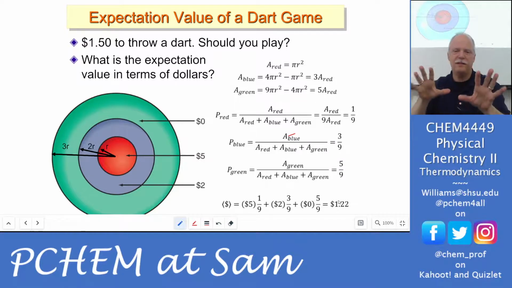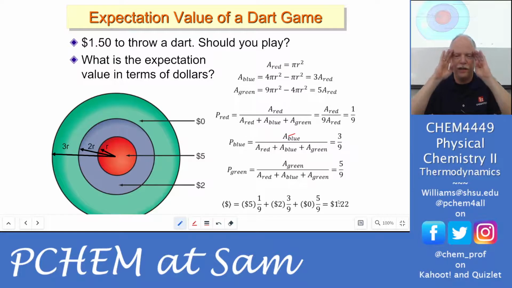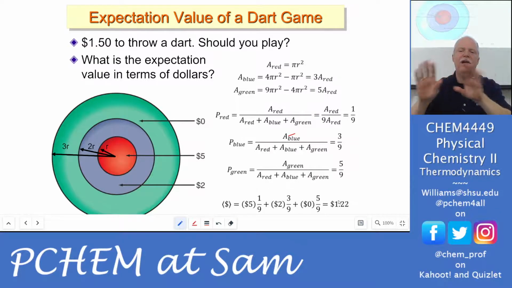So again, I just want you to get in your mind that it doesn't matter what the value function is. You come up with the probability function, and you can multiply that by any property. It could be volume, it could be energy, it could be any property that we're interested in. So once you have the probability function, if you have values associated with those various states, then you can put the value function in.